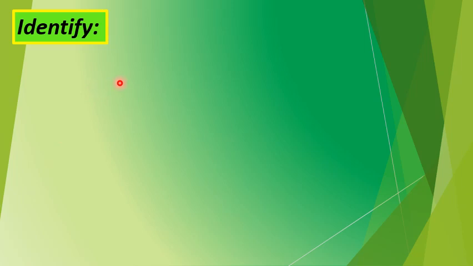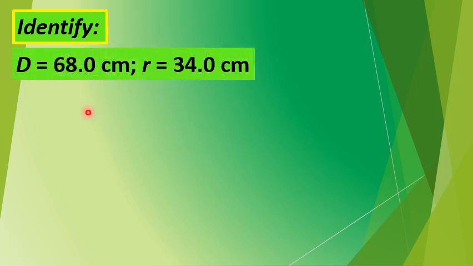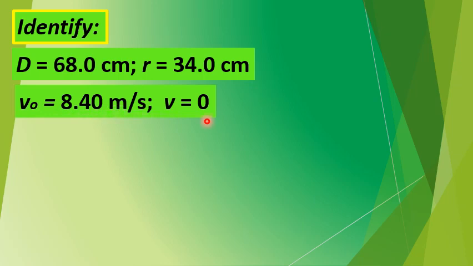In problem number 2, we are given the following. The diameter of the wheel is 68.0 centimeters, so that makes its radius 34.0 centimeters. Its initial linear speed v naught is 8.40 meters per second, and the final linear speed v is equal to 0 since the body comes to rest.